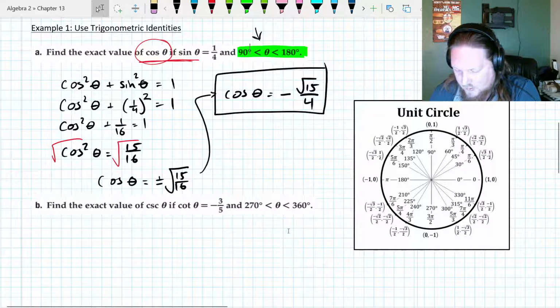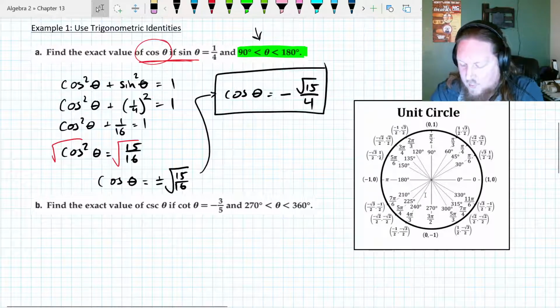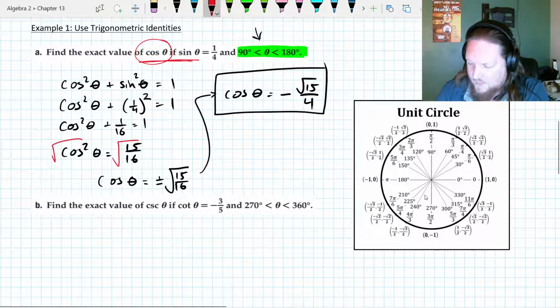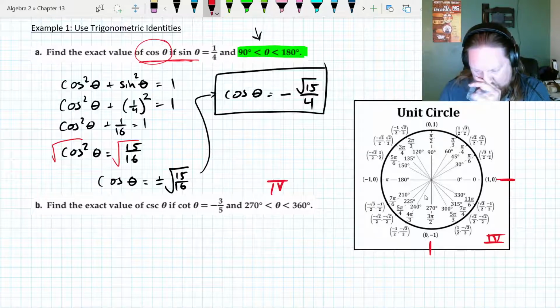Let's try this for part B here. Find the exact value of cosecant of theta if cotangent of theta is negative 3 over 5, and we want it, see, 270 to 360, that's the fourth quadrant. So we want the answer from the fourth quadrant.